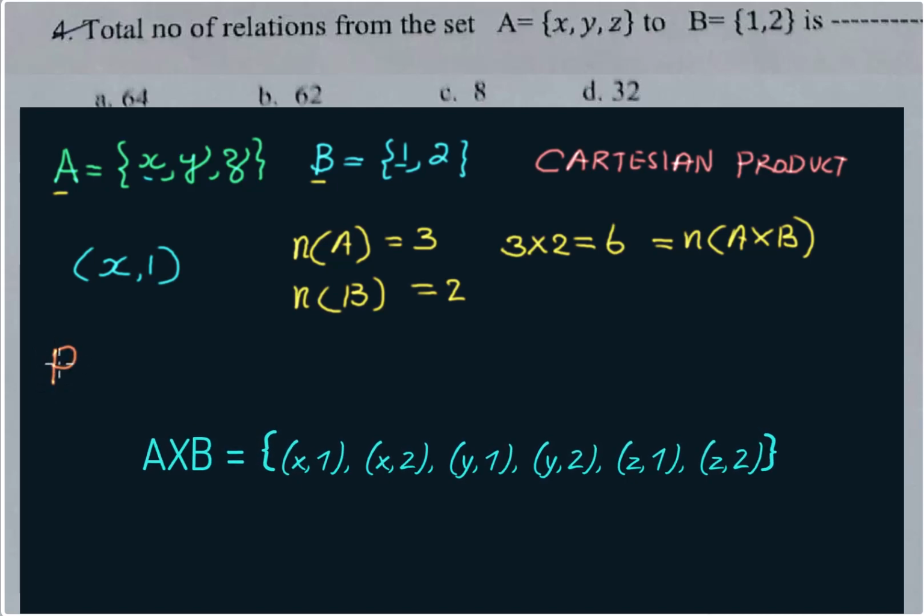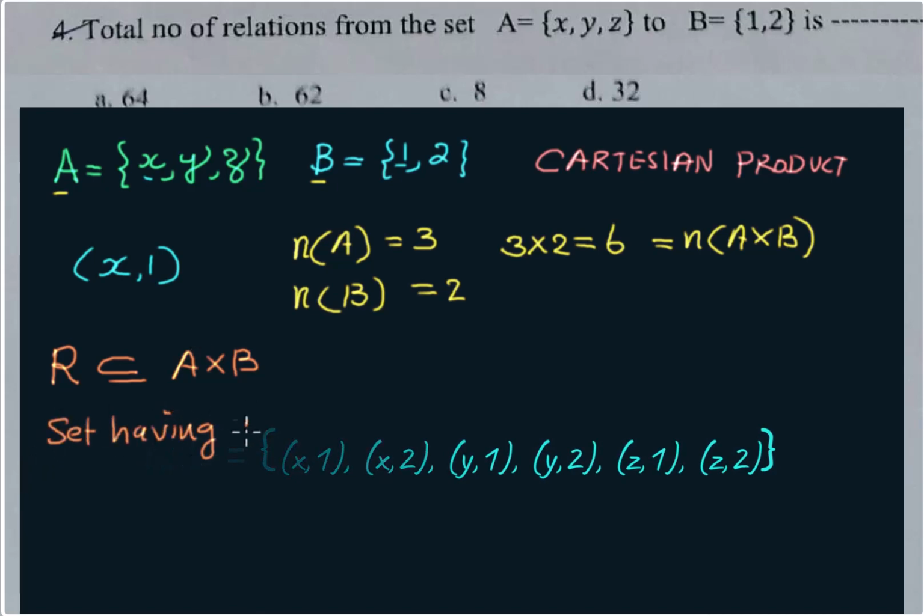Now a relation from A to B is a subset of the Cartesian product A cross B. This means the set of all relations is same as the set of all subsets of the Cartesian product.